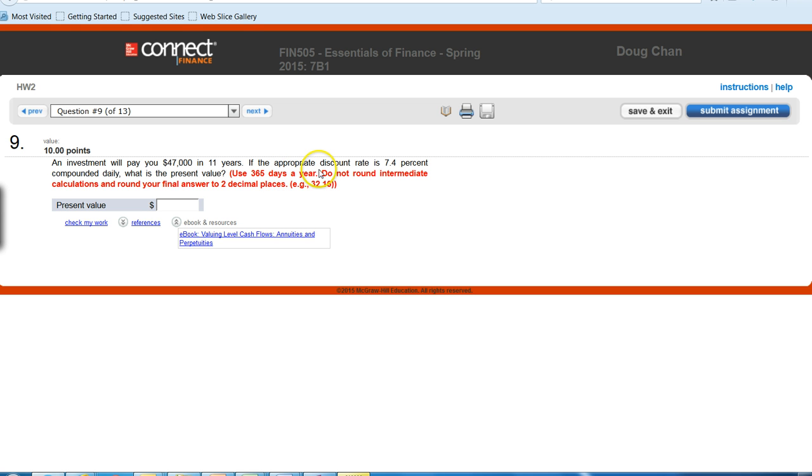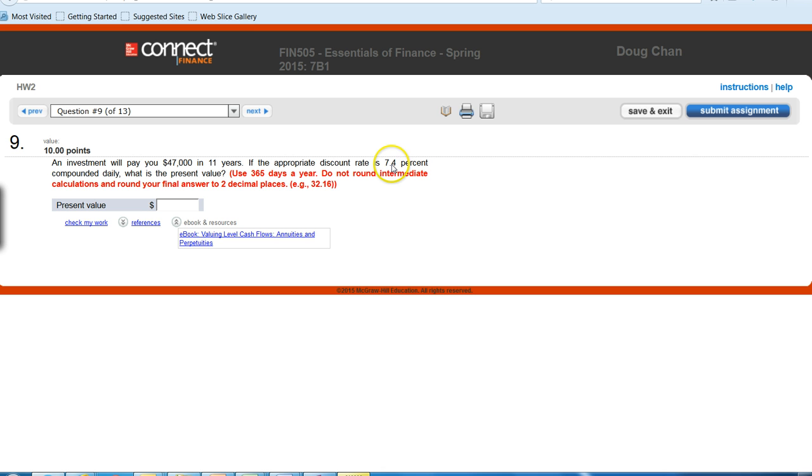And you also have to read this instruction carefully. It also tells you do not round intermediate calculations and round your final answer to 2 decimal places. And very importantly, do not round intermediate calculations. That's actually quite important in our question here because we need to get the daily interest rate.